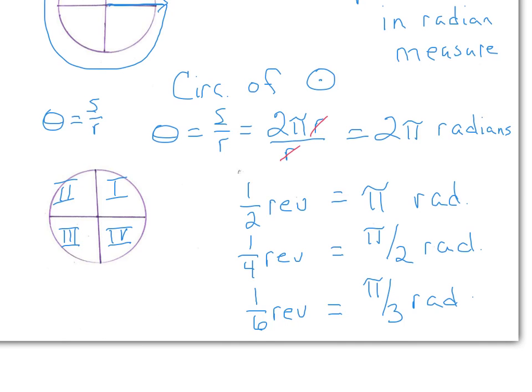So if we think about the angle in each quadrant, in quadrant 1, theta is between 0 radians and pi over 2 radians, because this is 1/4 of a revolution.